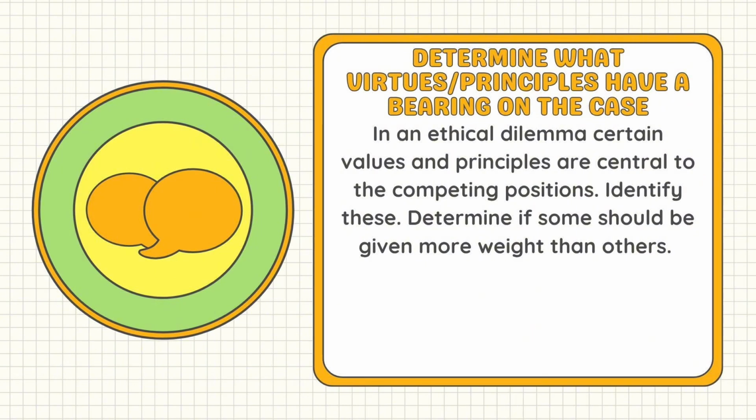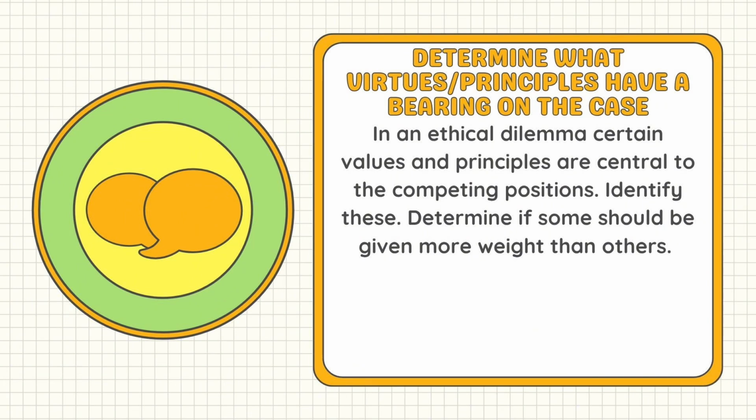Let's say you accidentally saw your best friend's partner in the mall with someone else. Should you tell your friend or stay quiet? In that situation, the virtues could be honesty and loyalty. Honesty pushes you to tell the truth, but loyalty makes you cautious about hurting your friend's feelings. You must decide which virtue is more important at that moment.